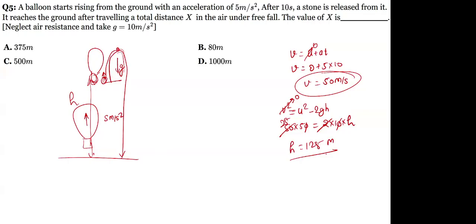After that it will start falling, free fall. Under the free fall condition, now we have to calculate: it reaches the ground after traveling a total distance x in the air under free fall. So only under the free fall condition we have to find out.